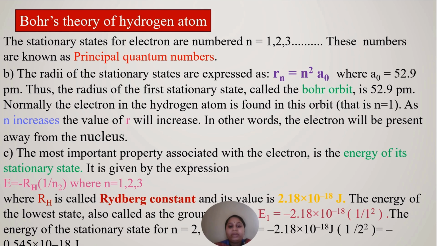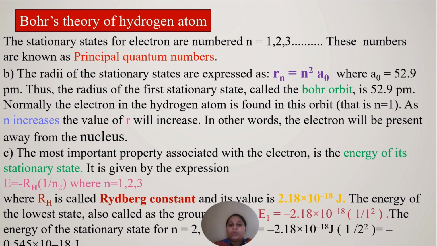So we give a number to the electron in each stationary state, labeled 1, 2 and 3. The radius is expressed as r_n is equal to n square a naught, where a naught is equal to 52.9 picometer.